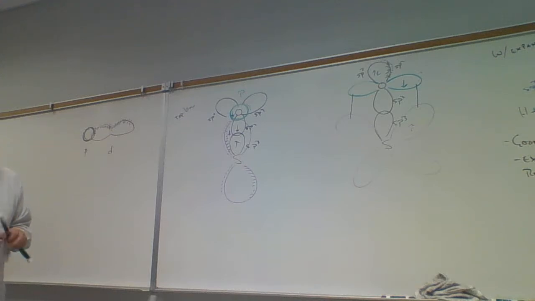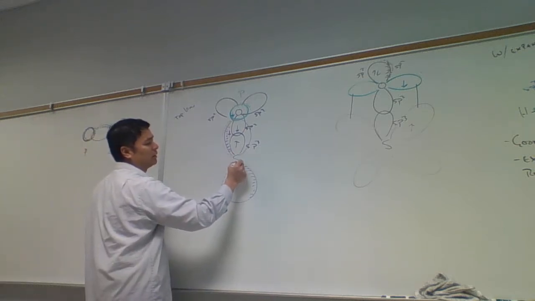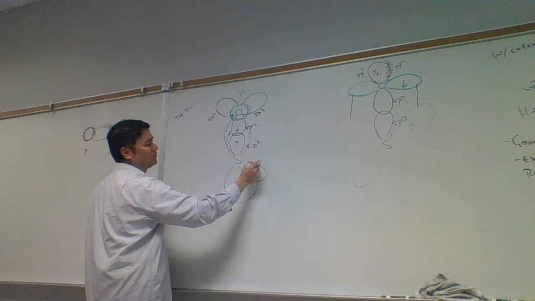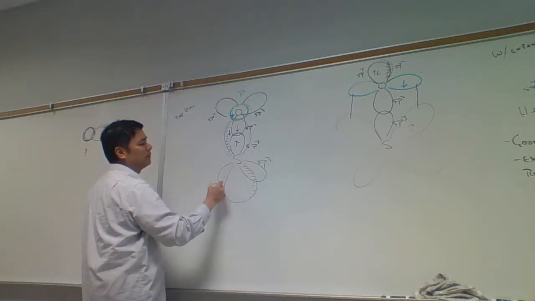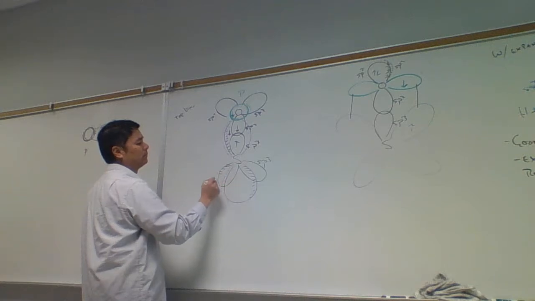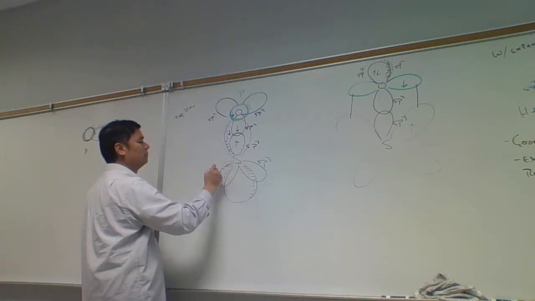Now, what we're going to do is draw on the rest of the sp3 orbitals on sulfur here. So it could get messy. And so one sp3 orbital is in the plane, so we got 2 in the plane, and then 1 coming out, sp3, and 1 going in.